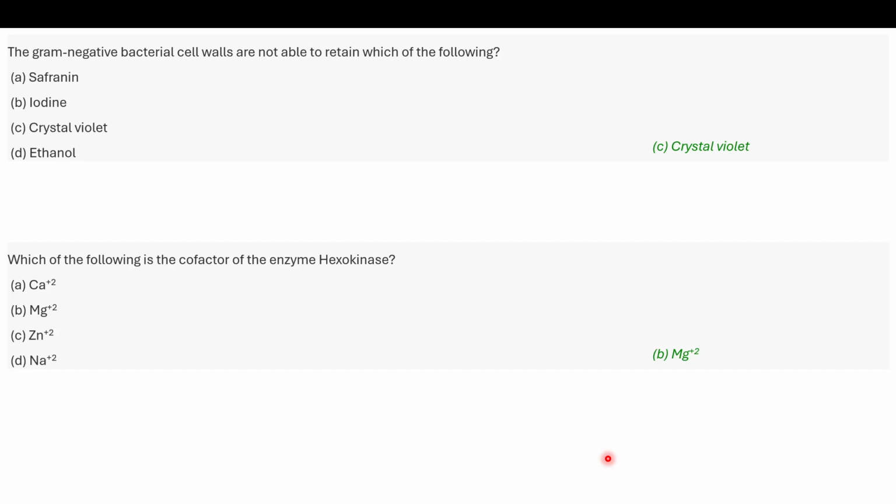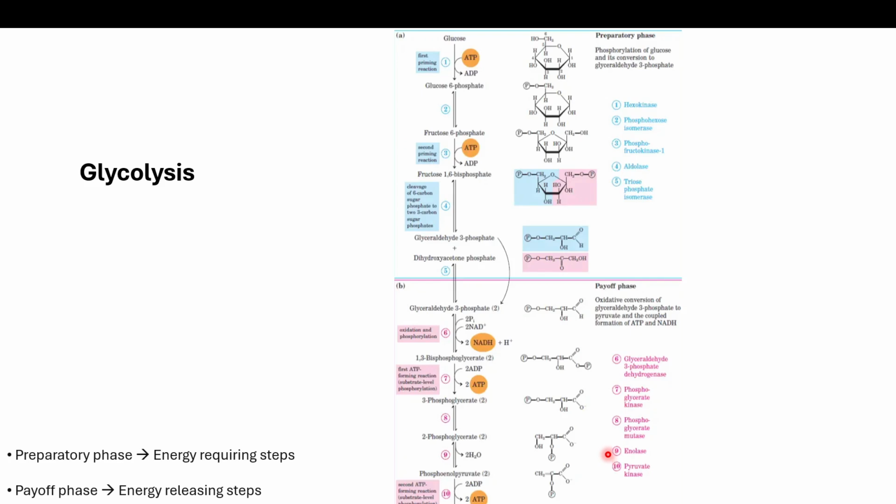Yes. Let us very briefly look at what happens there. We read that in the glycolytic pathway, one is the preparatory phase, where it requires energy or ATP, and another is the payoff phase, wherein we get ATP molecules. In the preparatory phase, the very first step is catalyzed by the hexokinase enzyme.